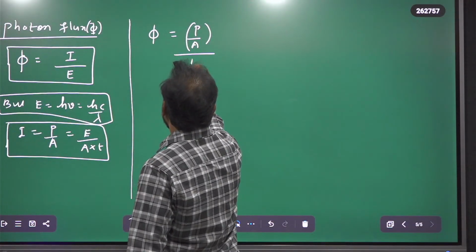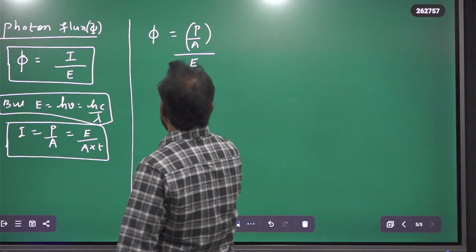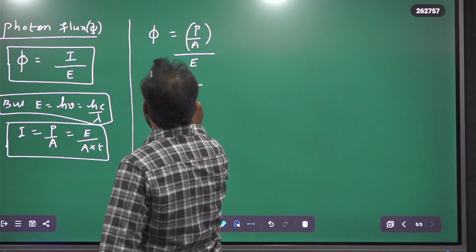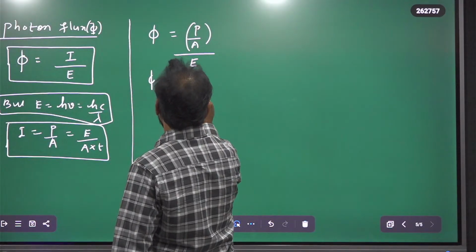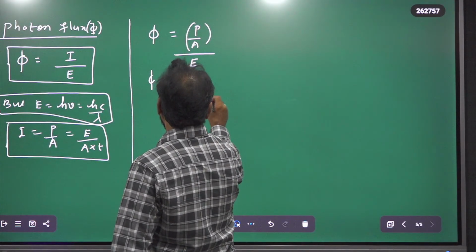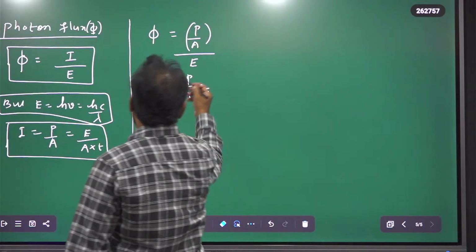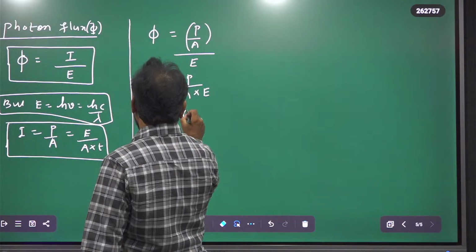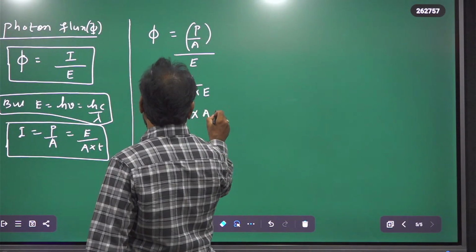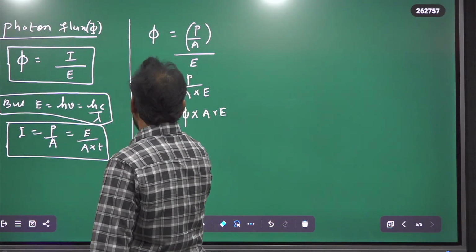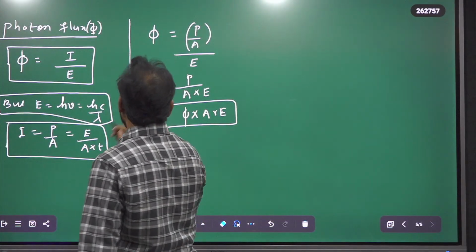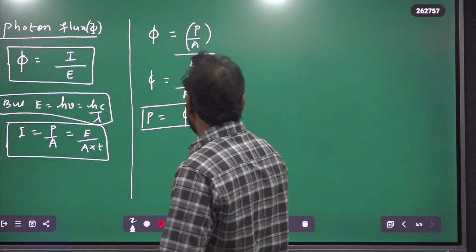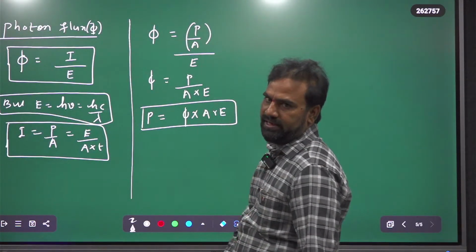That is, phi is equal to P upon A into E, where P is equal to phi into A into E. This is the power in the form of photon flux, area of cross section, and energy.